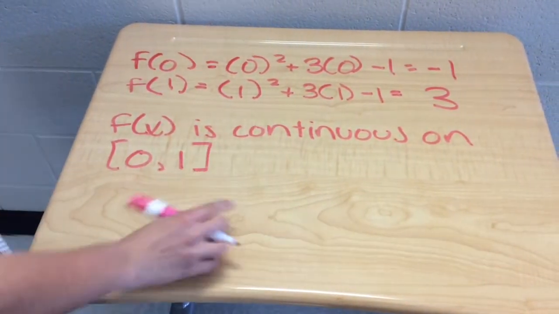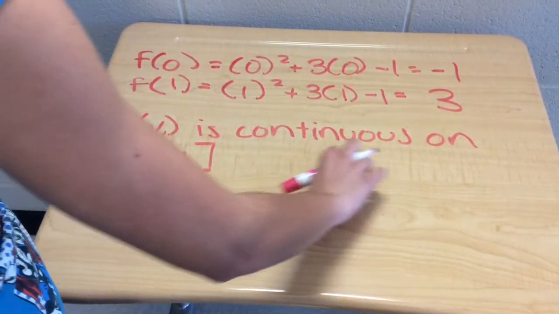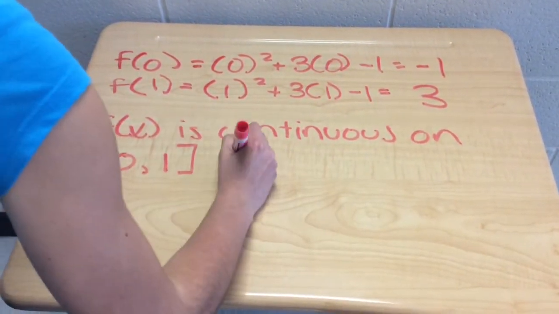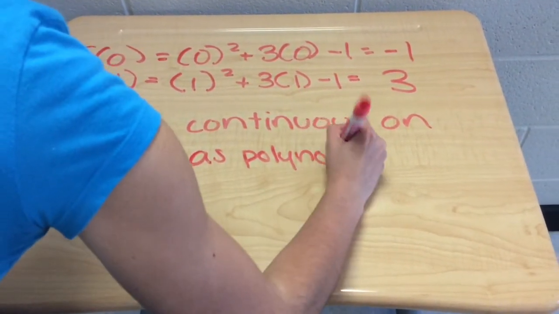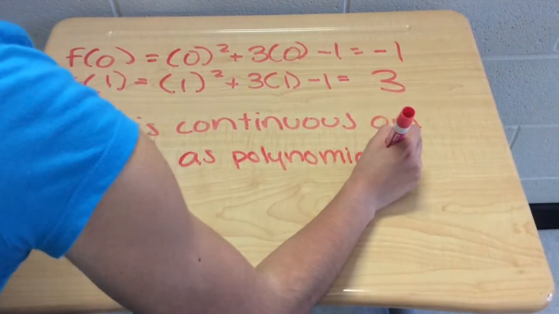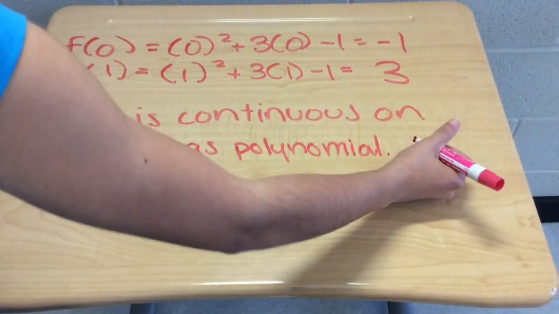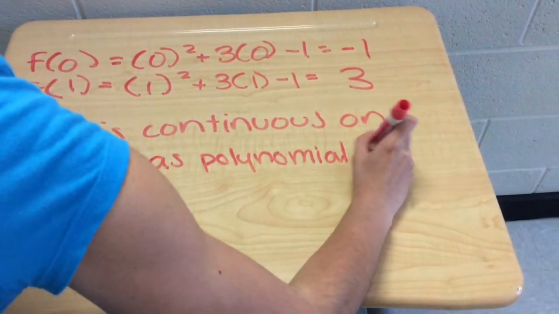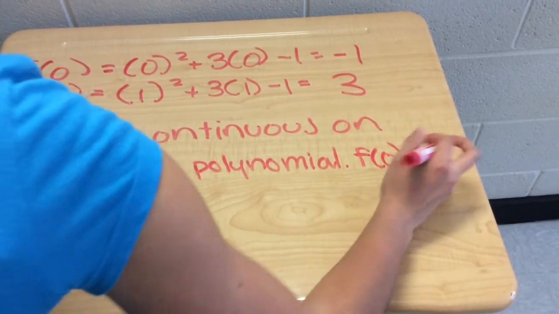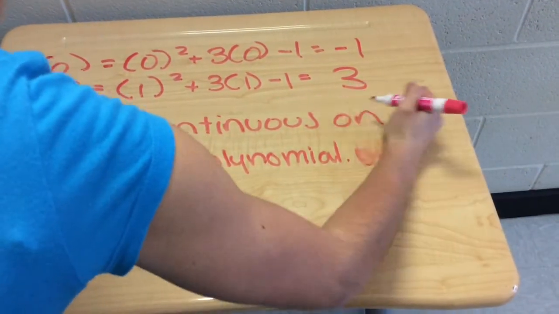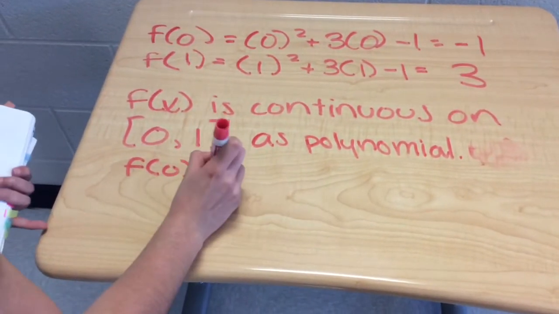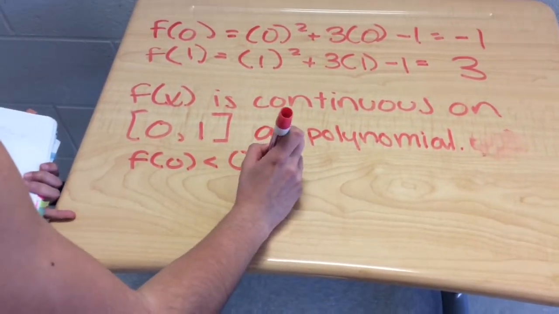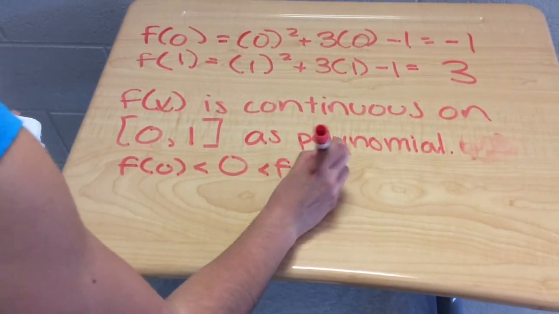And then as our justification for f of x being continuous, we're going to say as a polynomial. And then we're going to say that f of 0 is less than 0, which is less than f of 1.